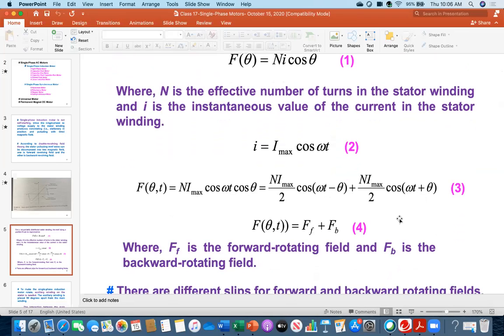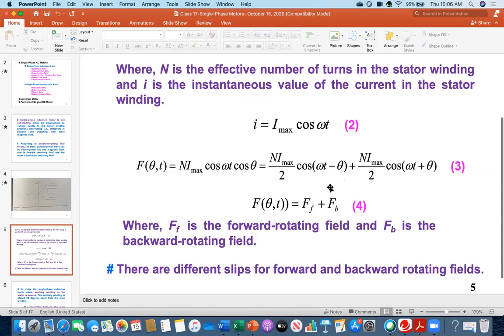This means that if you plot cosine of omega t plus theta and cosine of omega t minus theta with respect to the 0 point, one has the plus angle plus theta and the other has the minus angle, the reverse side.